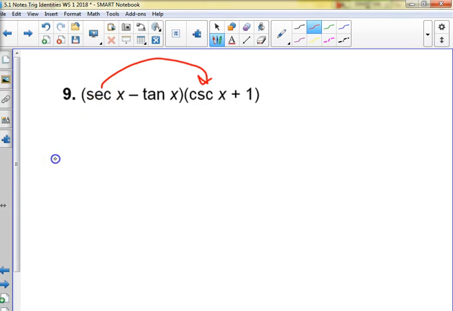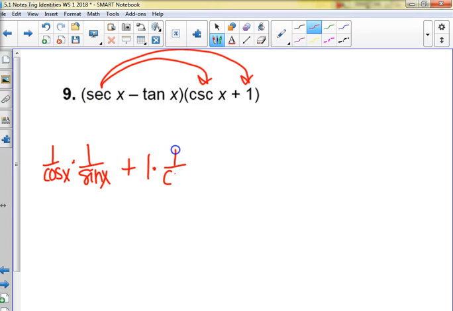This times this is actually a 1 over cosine times a 1 over sine, right? Can I do that? Can I change it to sine and cosine as I FOIL it, or is that going to not follow for some of you? Okay, this times this is just a plus 1 times secant, which I could write as 1 over cosine. We good?